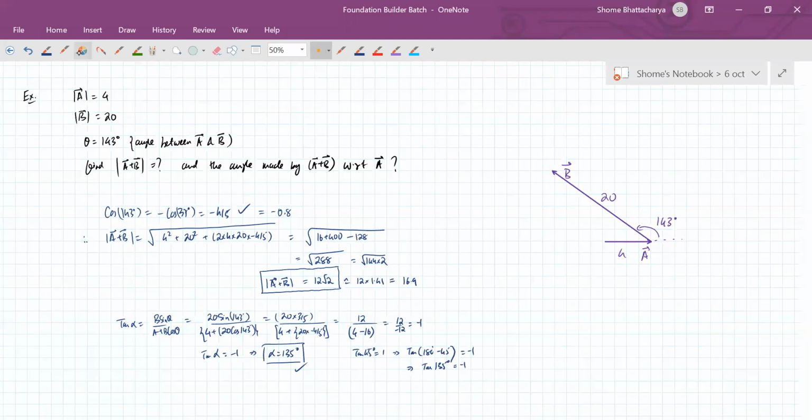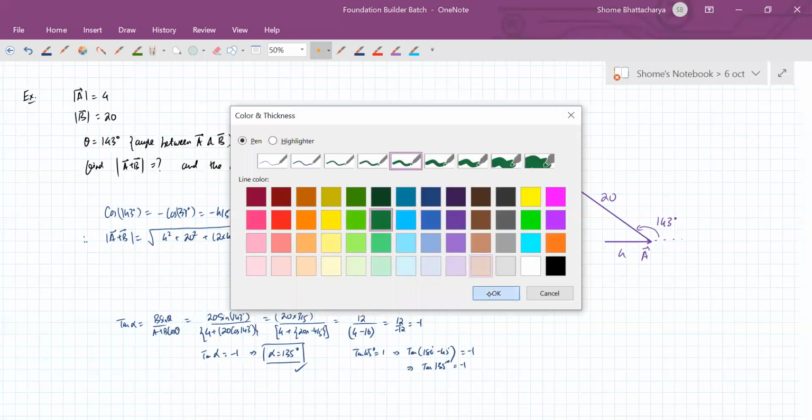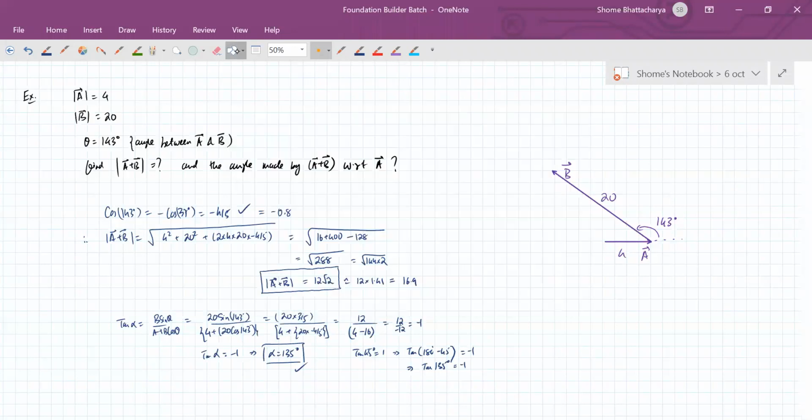And the resultant of these two vectors, as you can see, is also making an obtuse angle. In fact, that obtuse angle is 135 degrees, and it's of magnitude 12 root 2.